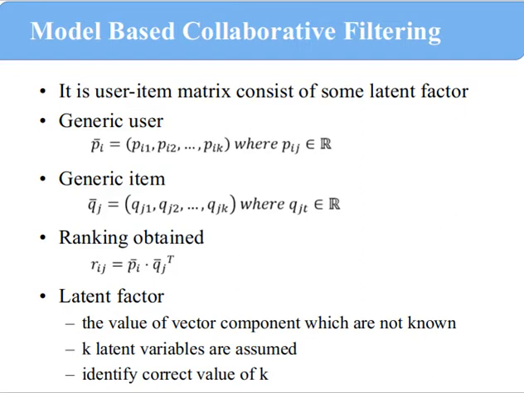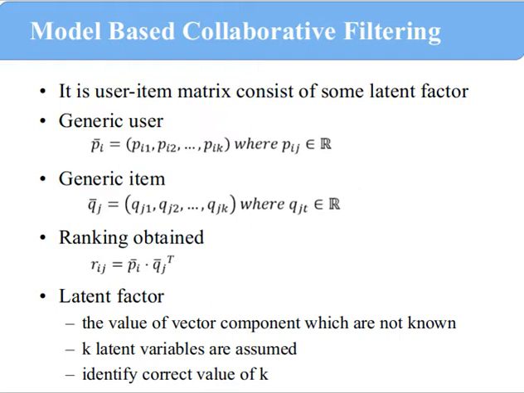Similarly, for the user pi and the item qj, the ranking is obtained from pi and qj. The ranking is calculated as pi bar into qj transpose bar. In this way the ranking is identified.